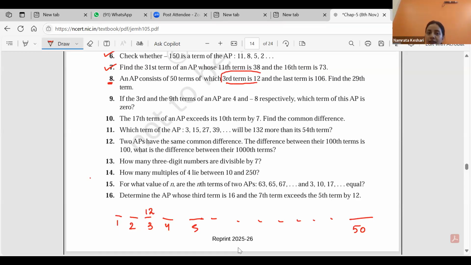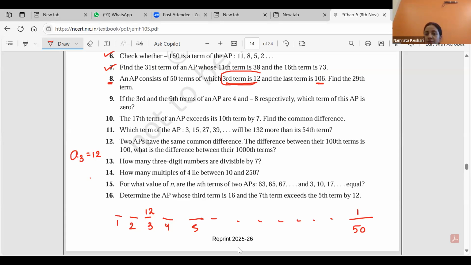The moment you read that the third term is 12, you will write that A3 is 12, right? And the last term is 106. This question is a straightforward question, but it's just trying to confuse you. 50 terms are there, and then it is written that the last term is 106.